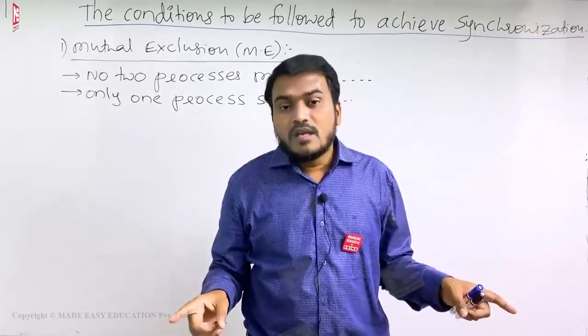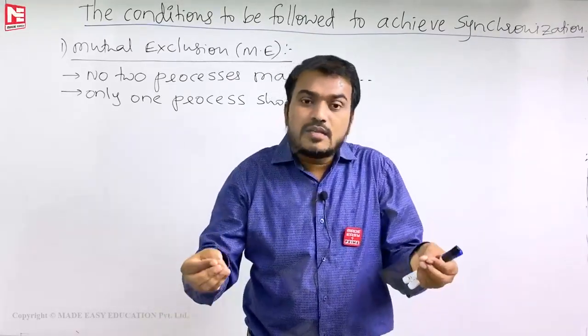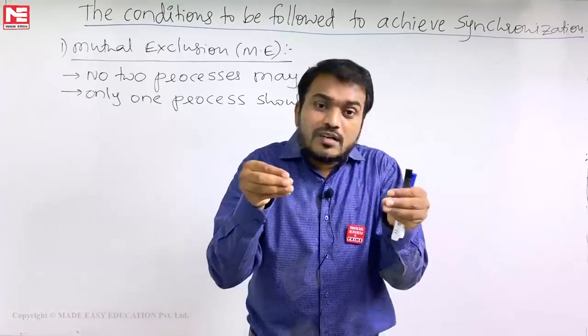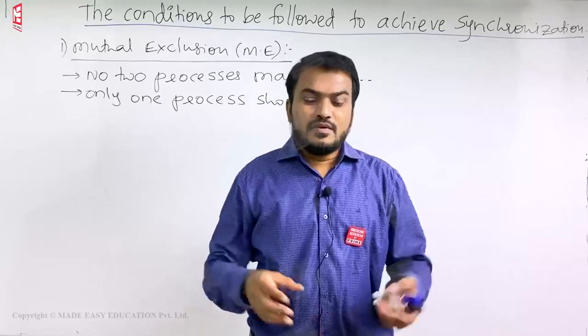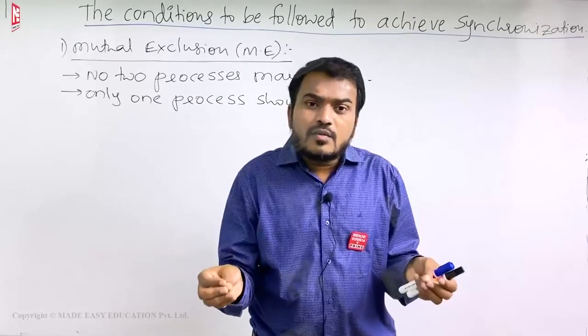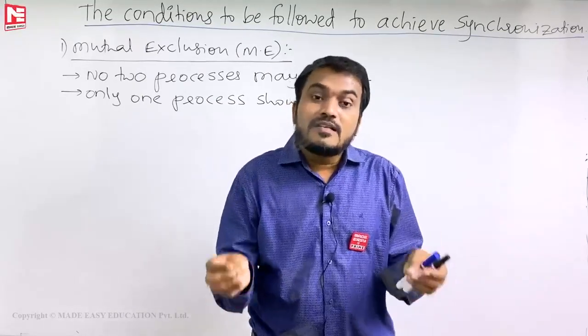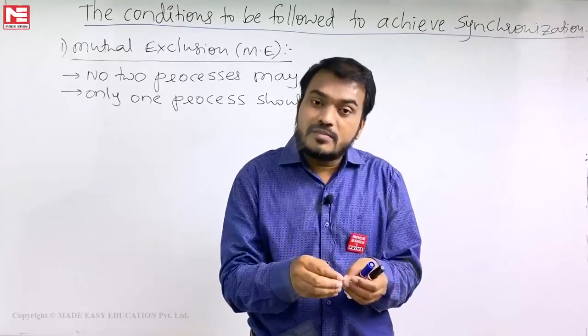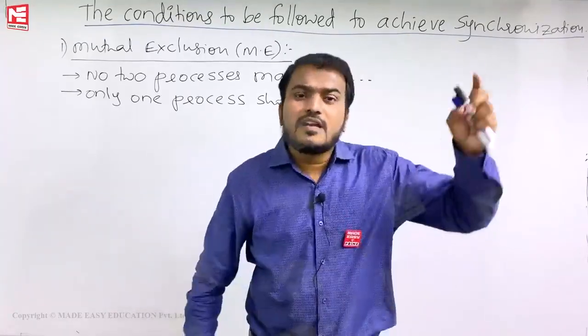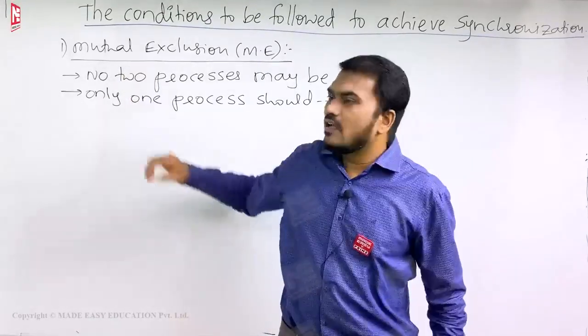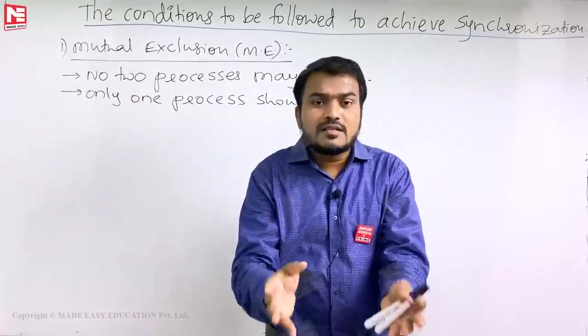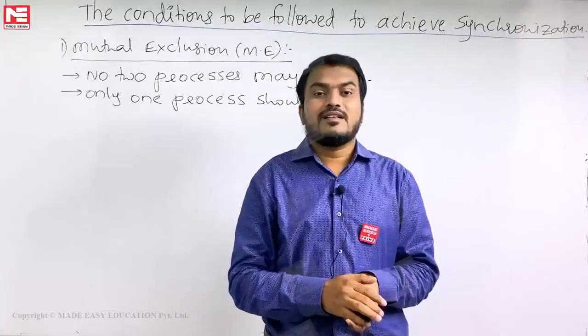Because two processes, producer and consumer, both are trying to update the shared variable count at the same time. Count is a shared variable there. So that is the reason we had the problem of inconsistency.